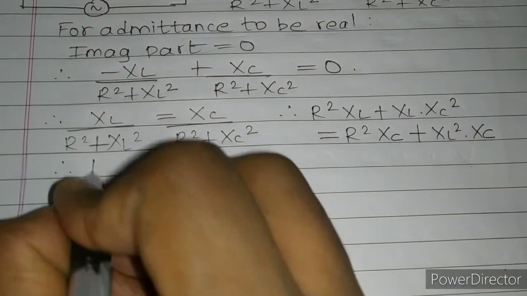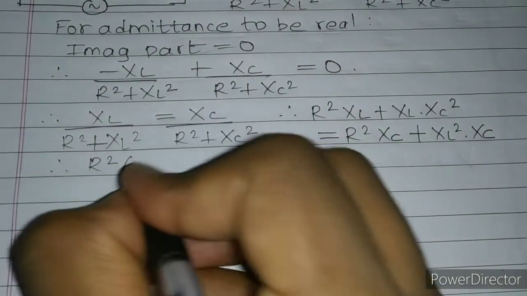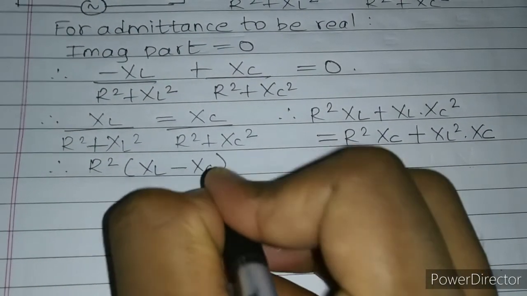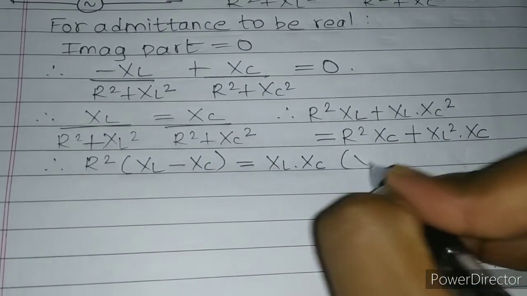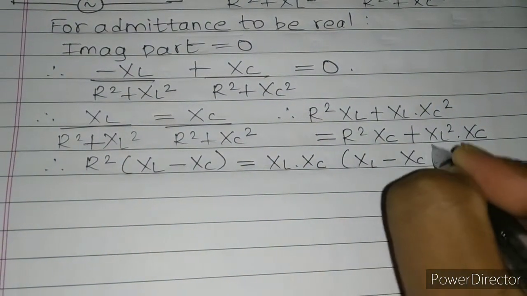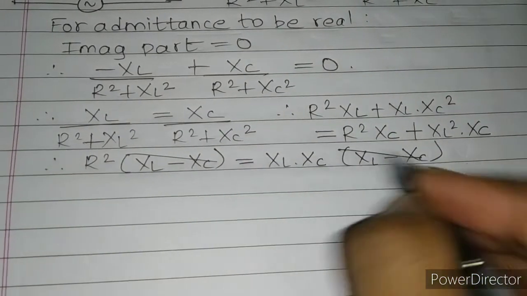Therefore R square into XL minus XC is equal to XL into XC into XL minus XC. So XL minus XC on both sides get cancelled.